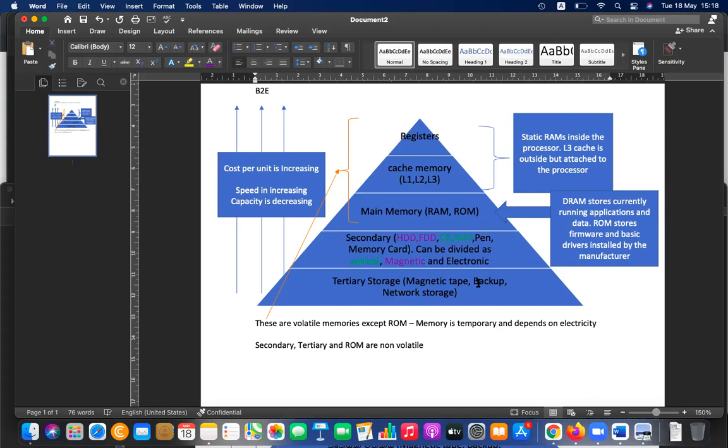So tertiary storage is like that. It's like a backup, in case you need some additional storage. Secondary storage is your current store, maybe what you are selling. So it's like bread.